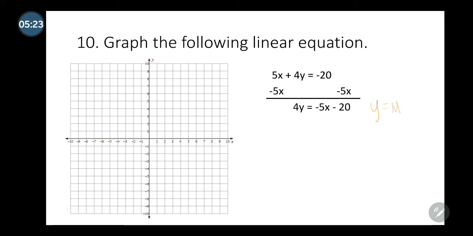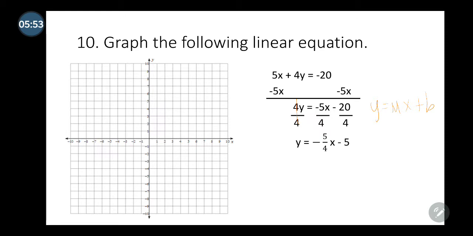Y equals the slope x plus or minus the y-intercept. I don't have y by itself, so the next thing I need to do is divide everything by 4, because what you do to one side, you do to the other. So the 4's cancel out, just like I want, and I'm left with y equals negative 5/4 x minus 5, because negative 20 divided by 4 is negative 5.